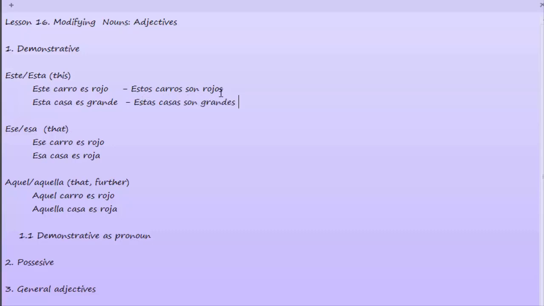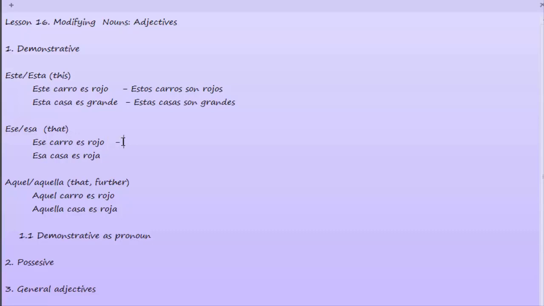Please notice that I am adding an s at the end of the plural versions. I'm not only changing the demonstrative adjective, but I am adding an s at the end of the general adjective, as we call it. So perfect. We have estos carros, estas casas. In this case, ese carro, esa casa.